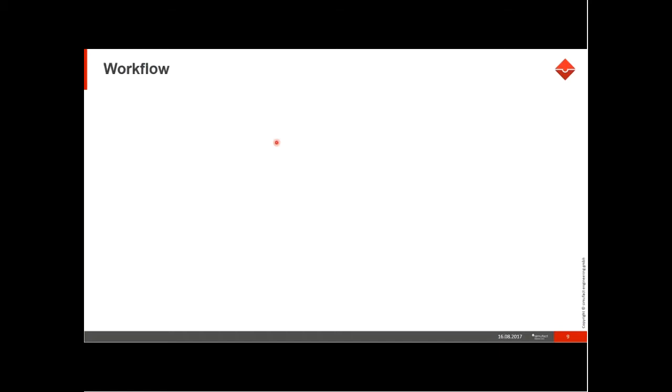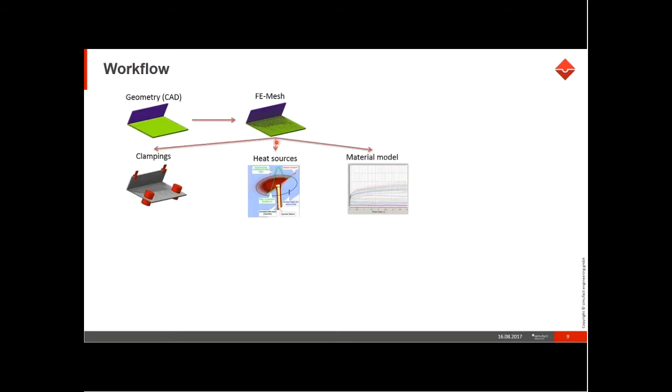So what is the usual workflow in our software? It all starts, of course, with CAD geometry. A CAD geometry usually has to be FE meshed in order to be used in our software. We then input the FEM mesh into the Simufact Welding GUI. We then add boundary conditions, for instance clamps or fixtures.